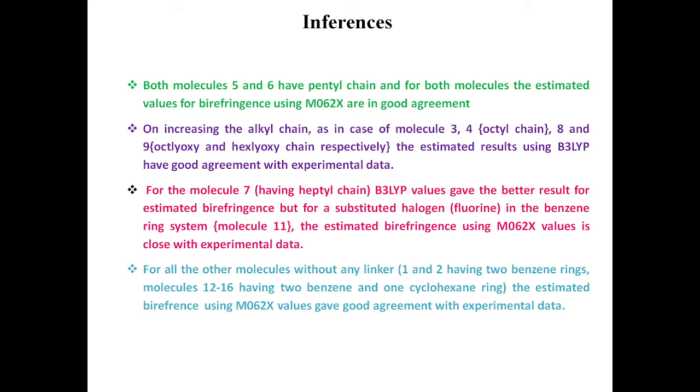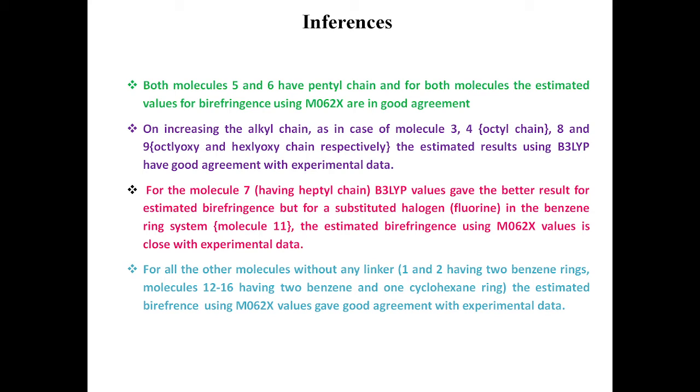Inference. Both molecules 5 and 6 have a pentyl chain, and for both molecules the estimated values for birefringence using M06-2X are in good agreement with experiment. On increasing the alkyl chain, as in the case of 3, 4, 8, 9, the estimated results using B3LYP have good agreement with the experimental data.